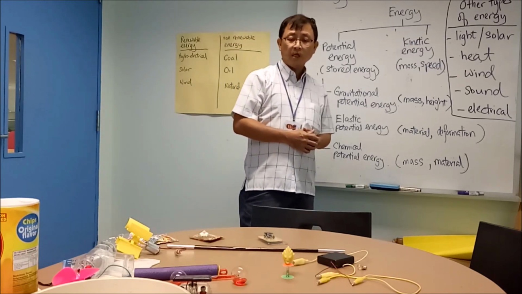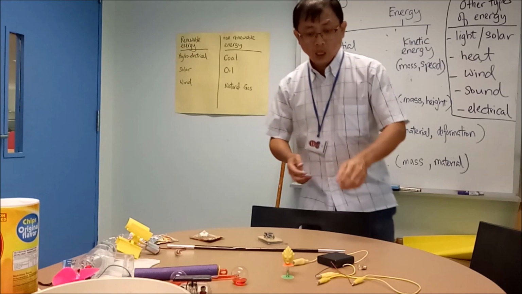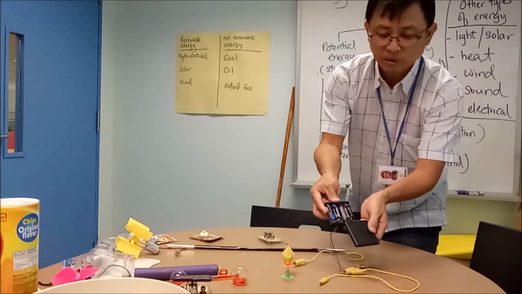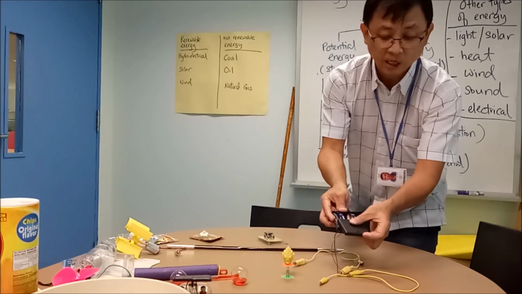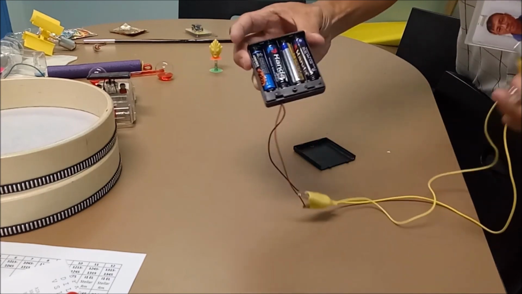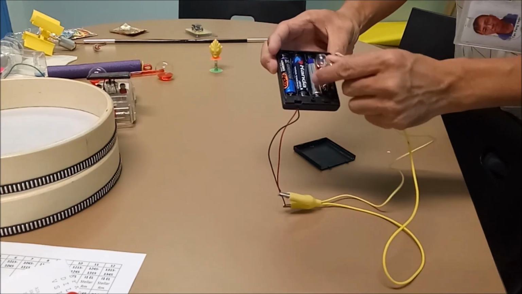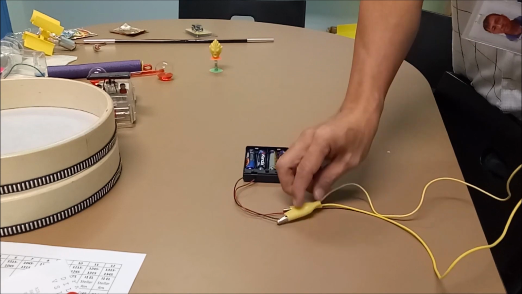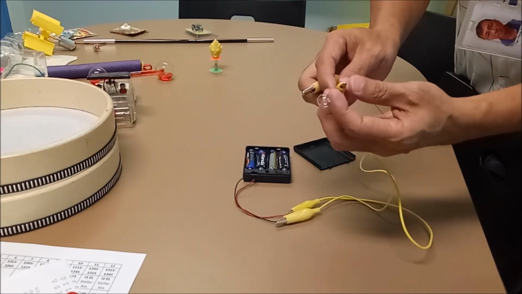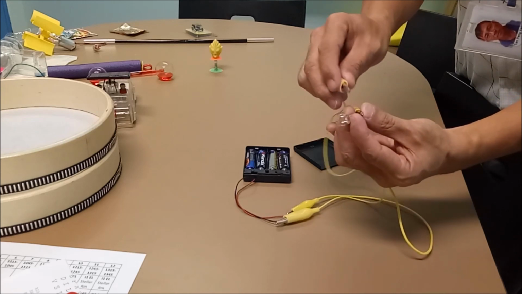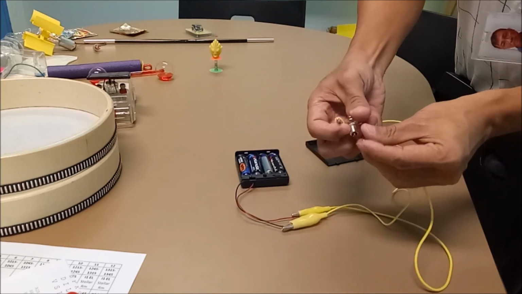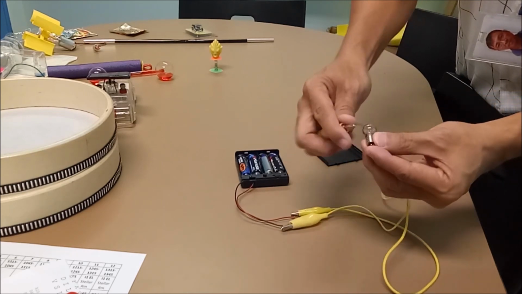And then another potential energy will be battery, like what we have here. Chemical potential energy. And let's see what battery can do to make things work. So this is a battery box with 4 batteries connected in series. So now with wires, we can actually produce light, which is a form of energy.